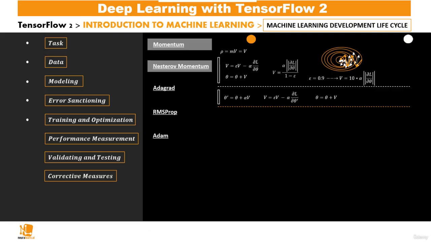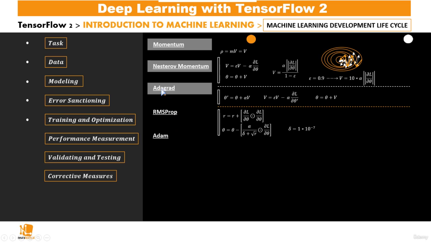For the next three algorithms, we are going to deal with optimization algorithms which have adaptive learning rates. The very first one is the Adagrad optimization algorithm. We have a variable R which varies depending on the partial derivatives of the loss with respect to the parameters theta.